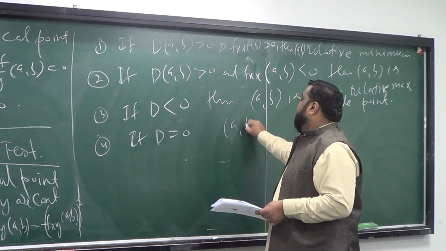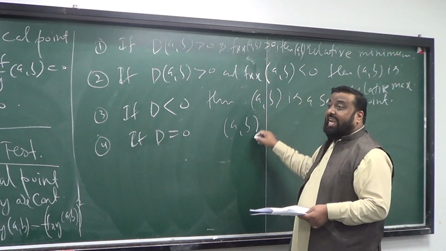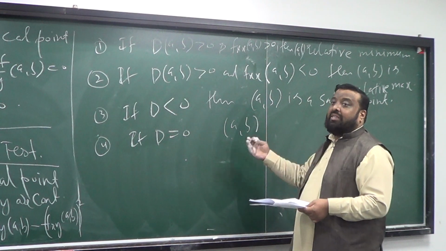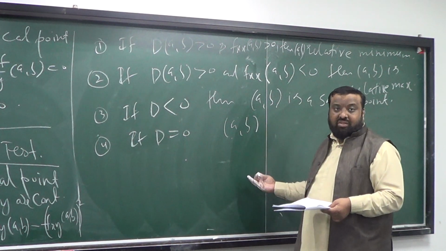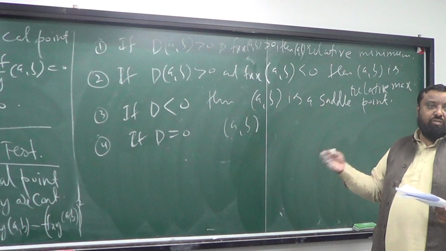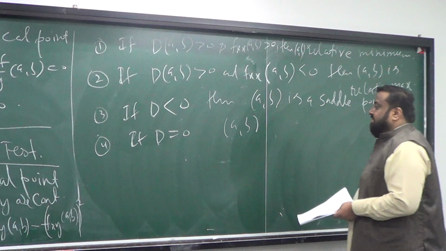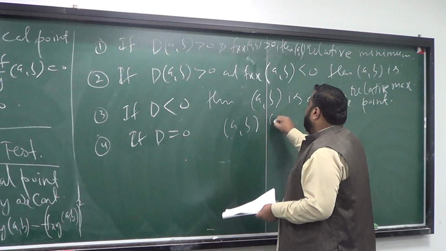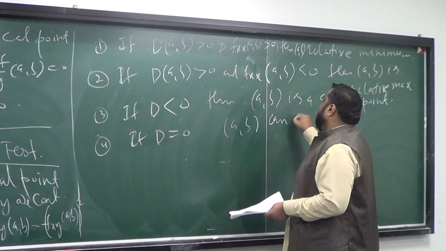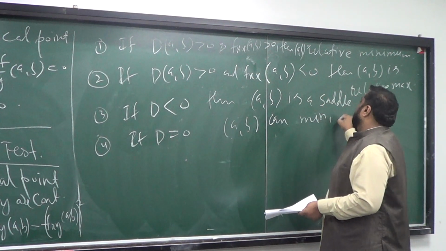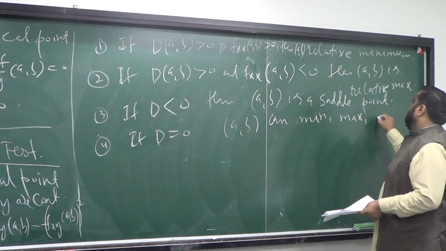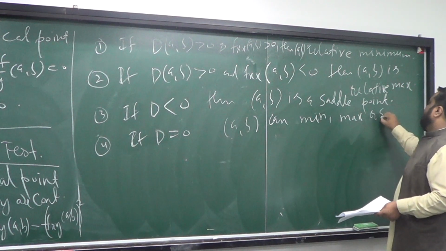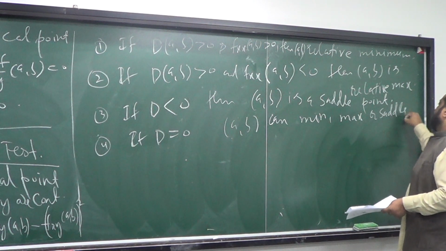This (a, b) can be a minimum, can be a maximum, and can be a saddle point. So it could be any one of all three. If the discriminant is 0, then (a, b) can be minimum, maximum, or saddle point.